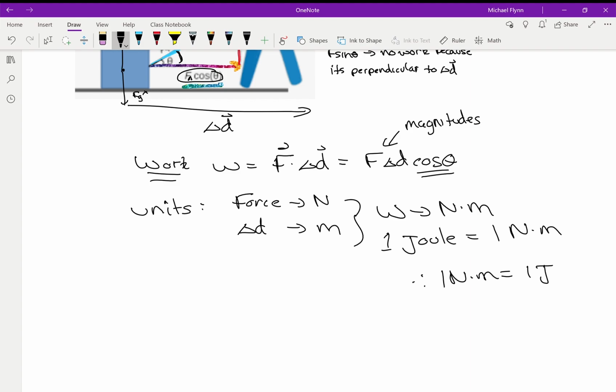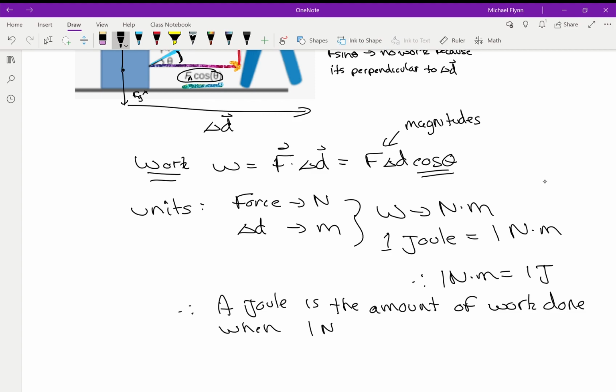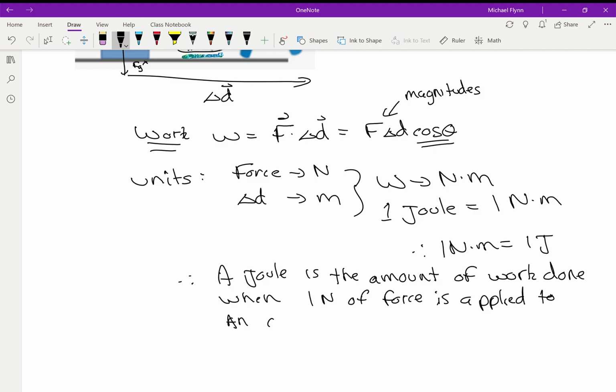So a joule is the amount of work done when 1 Newton of force is applied to an object that moves 1 meter. And that is the definition of a joule.